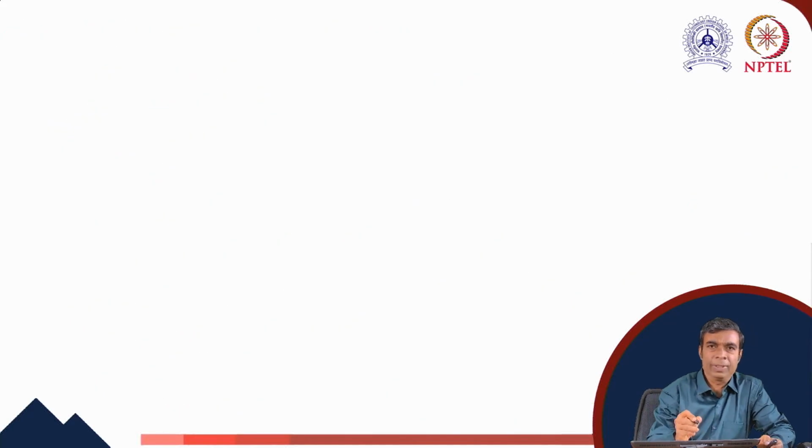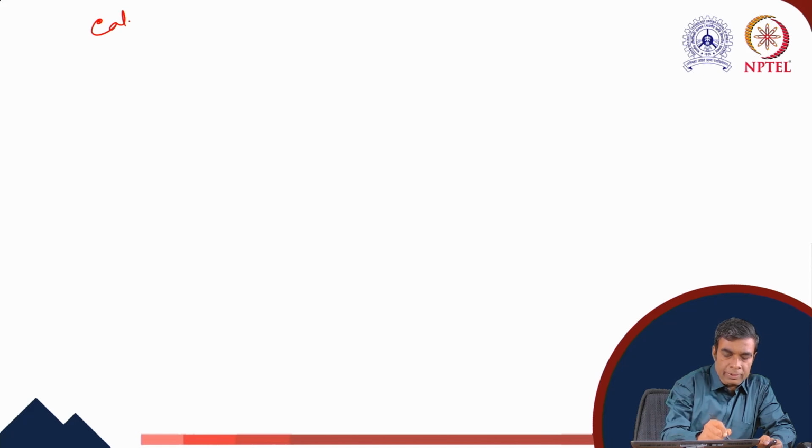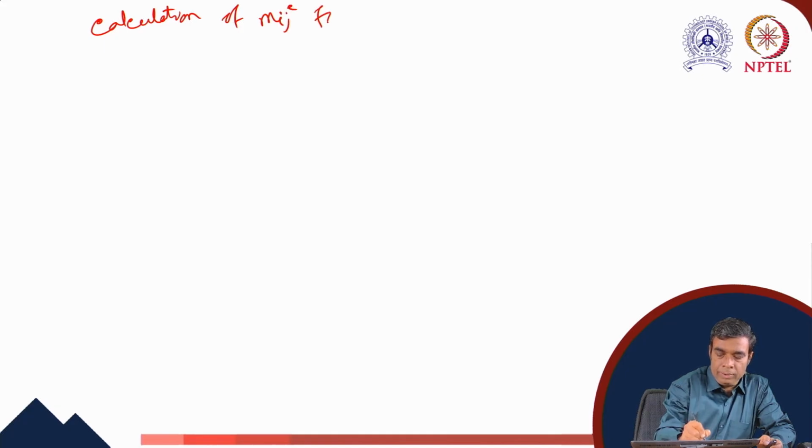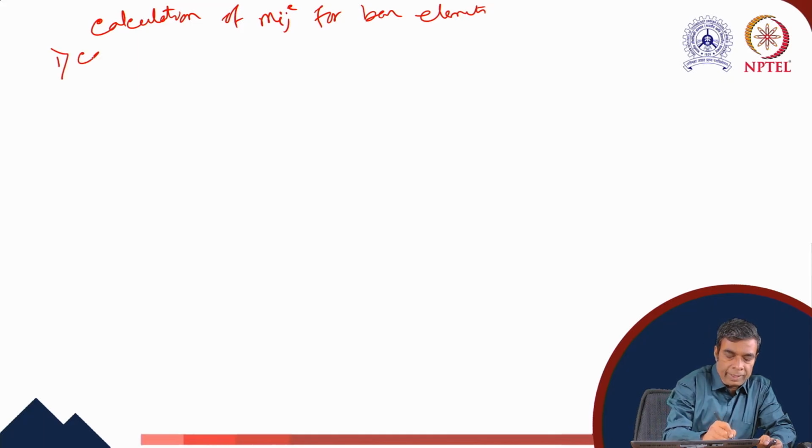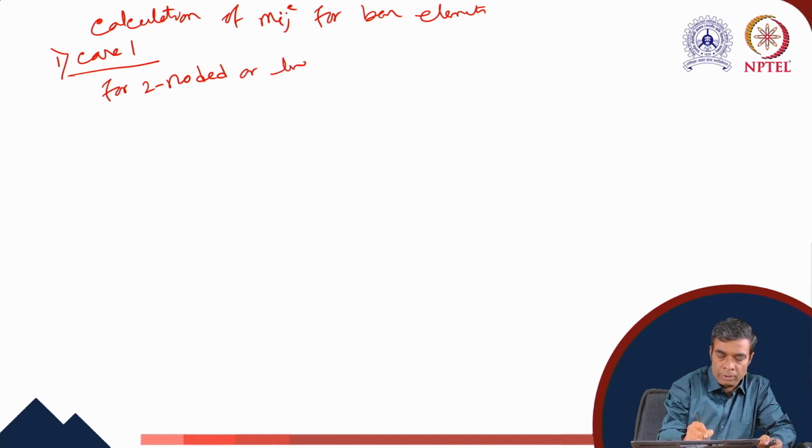So let us begin with the two-noded bar elements. Calculation of MIJE for bar elements. So we consider case 1 for two-noded or linear bar elements.